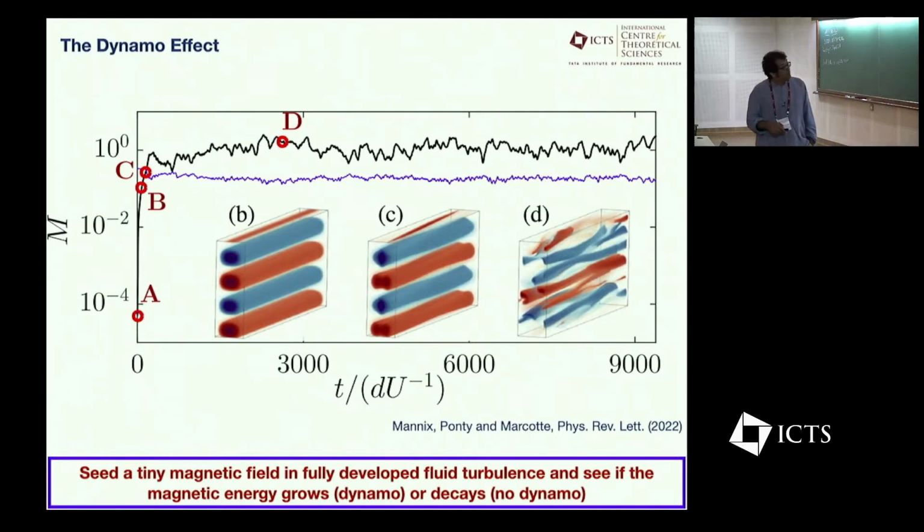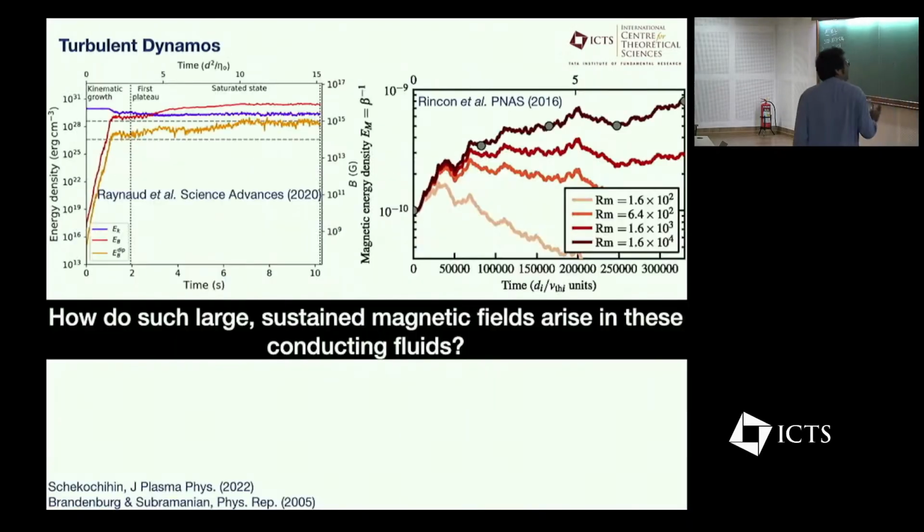So essentially, for me, an outsider to this field, the dynamo question is very simply how a tiny seed magnetic field grows and perhaps saturates in a conducting turbulent fluid.